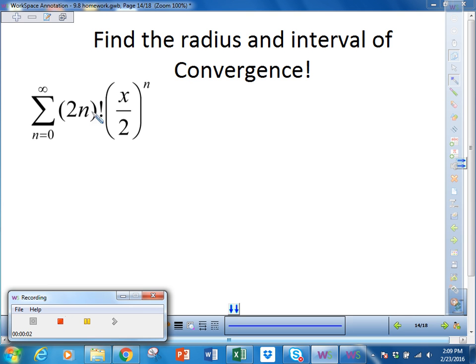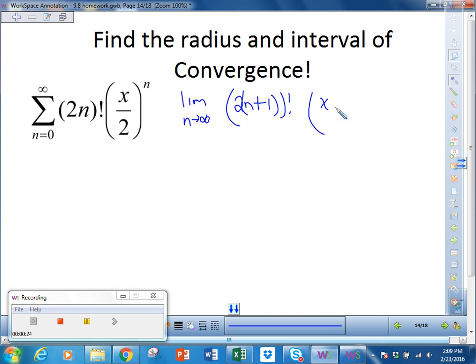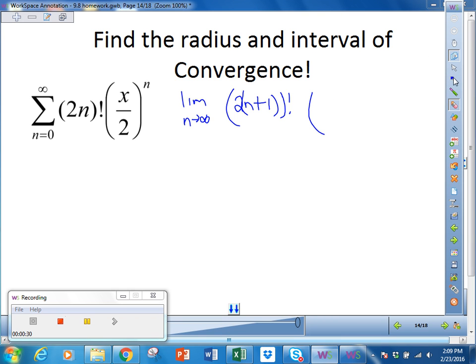Okay, so let's start by using the ratio test, the limit as n approaches infinity. And we're going to write this as (2n + 1) factorial. Does that make sense? Yes? And this is going to be x over 2 to the n plus 1.